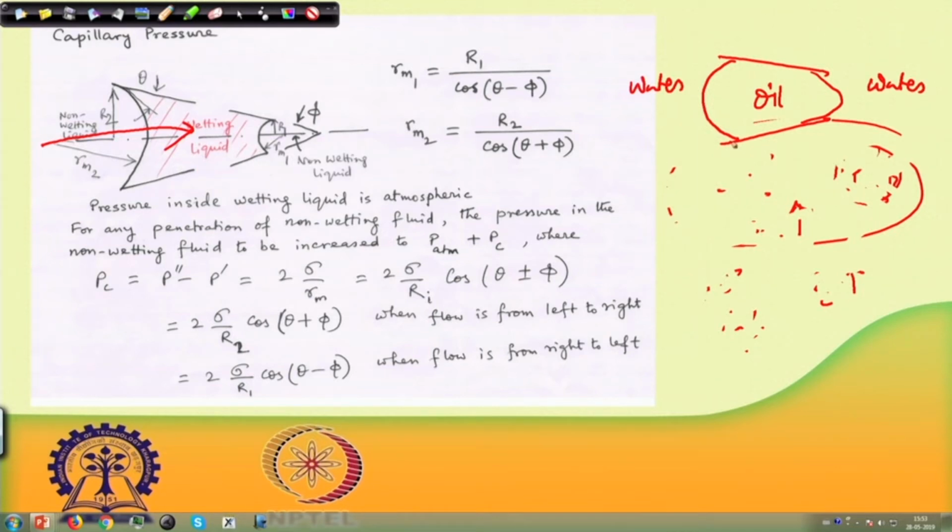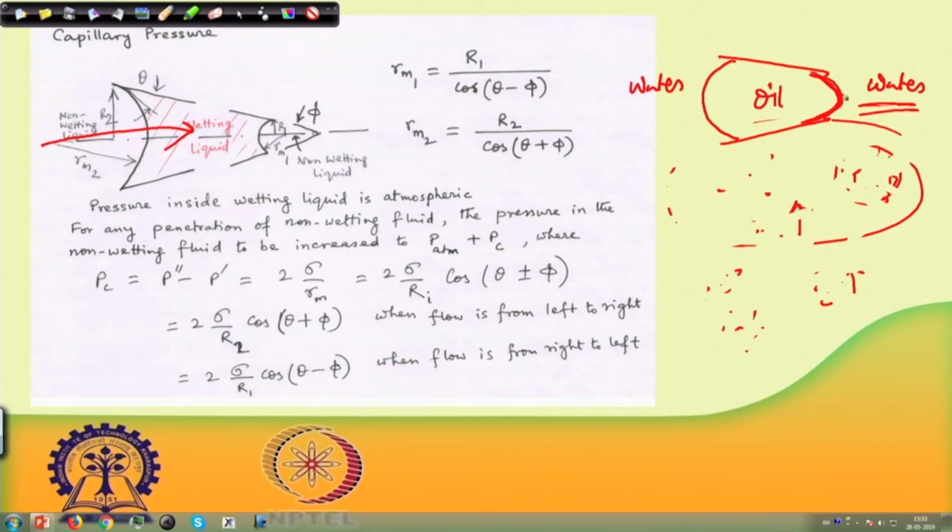First of all, I filled it, outside it is water, and now what I would see in this case is an automatic suction. Automatic suction in the sense, you can see the capillary pressure, the pressure of oil, this difference in pressure.